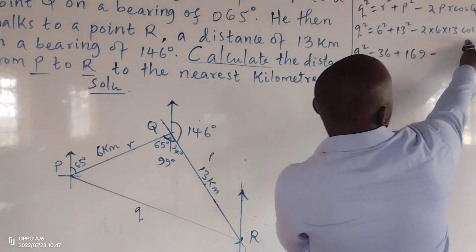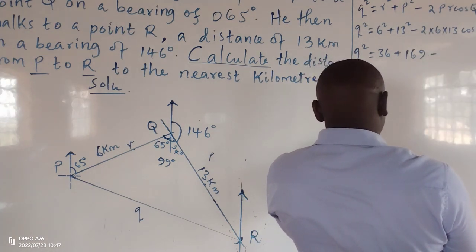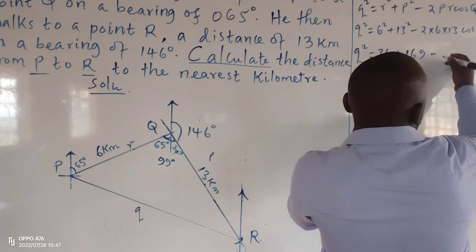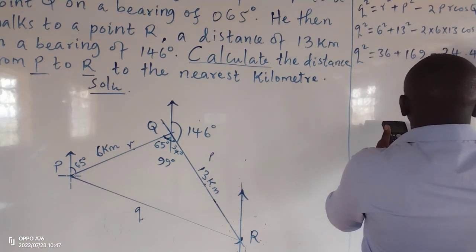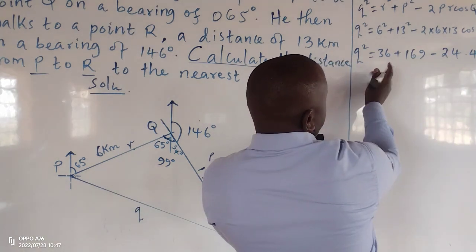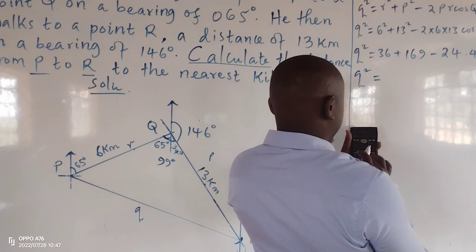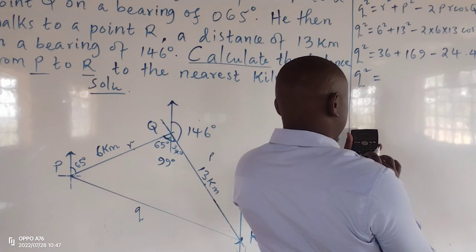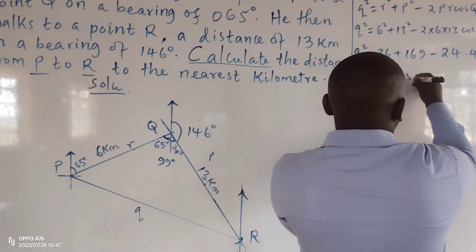Therefore, if the cosine of 99 is negative, then when we multiply it with negative 2, the negative will cancel, and now we can multiply with 6 and with 13, so that we get minus 24.4. Then we proceed to say Q squared equals 36 plus 169 minus 24.4, which will give us 175.